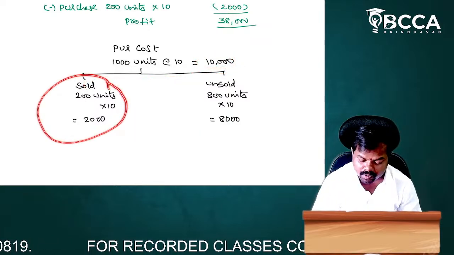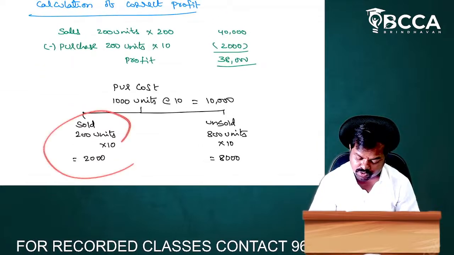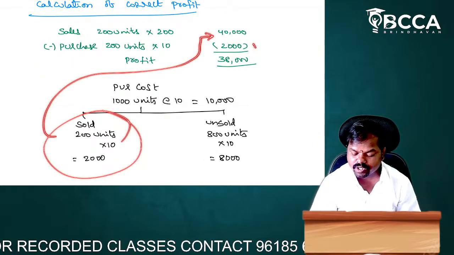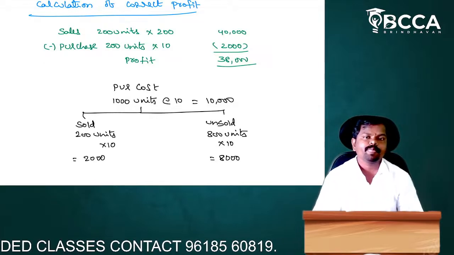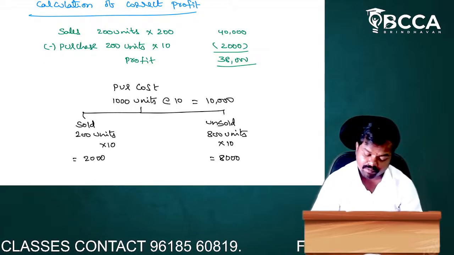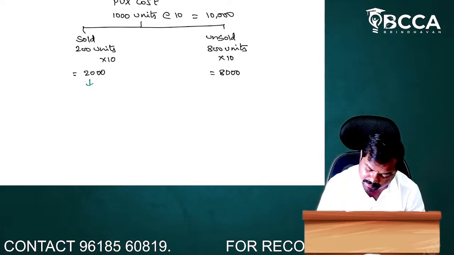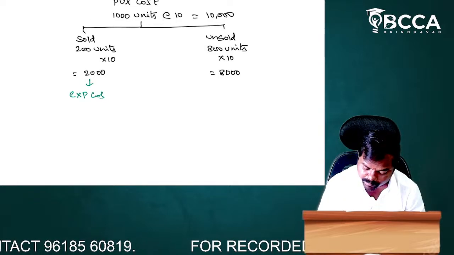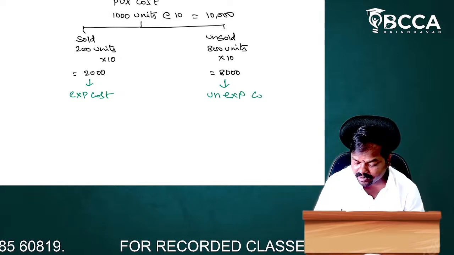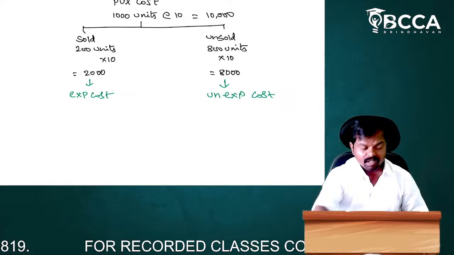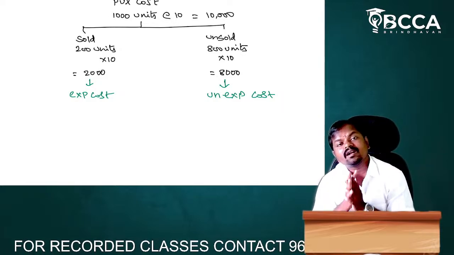This 2,000 rupees portion will be charged against current year revenue. This 2,000 rupees portion is charged against what? Current year revenue. Then this cost will be referred to as expired cost. This 8,000 cost will be referred to as unexpired cost. Now tell me, my dear friend, what is meant by expired cost?